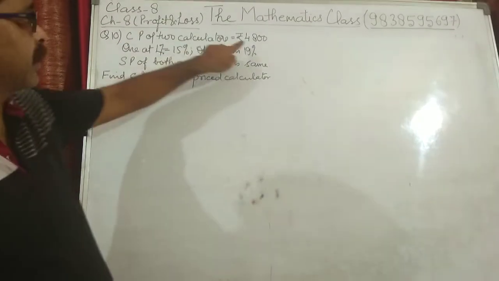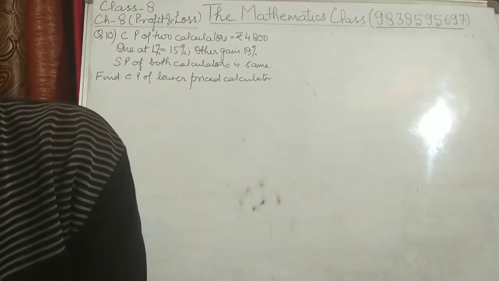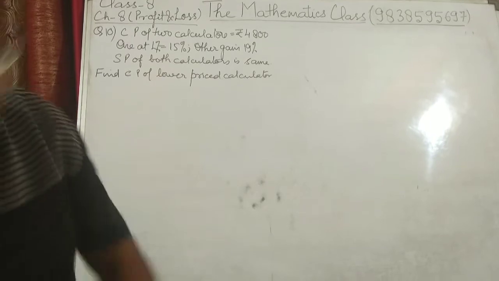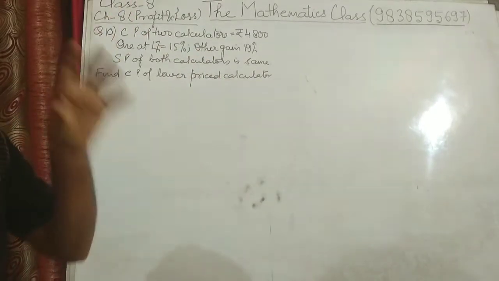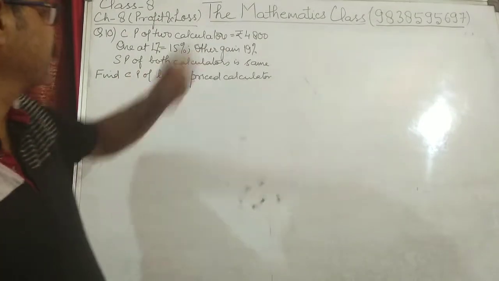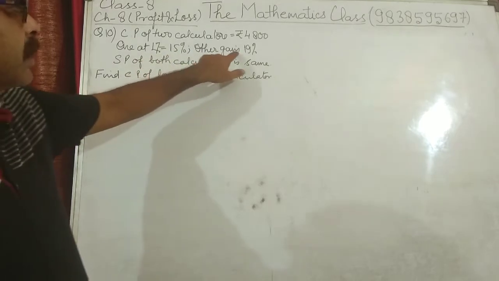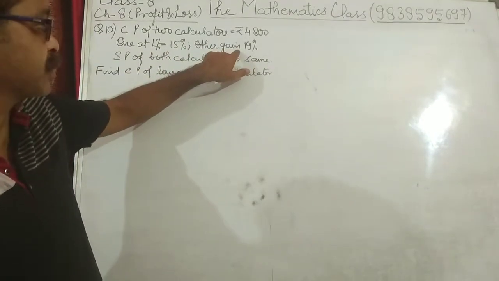Cost price of two calculators is rupees 4,800 together. They say a merchant bought two calculators together costing 4,800. One he is selling at a loss of 15%, the other at a profit of 19%.